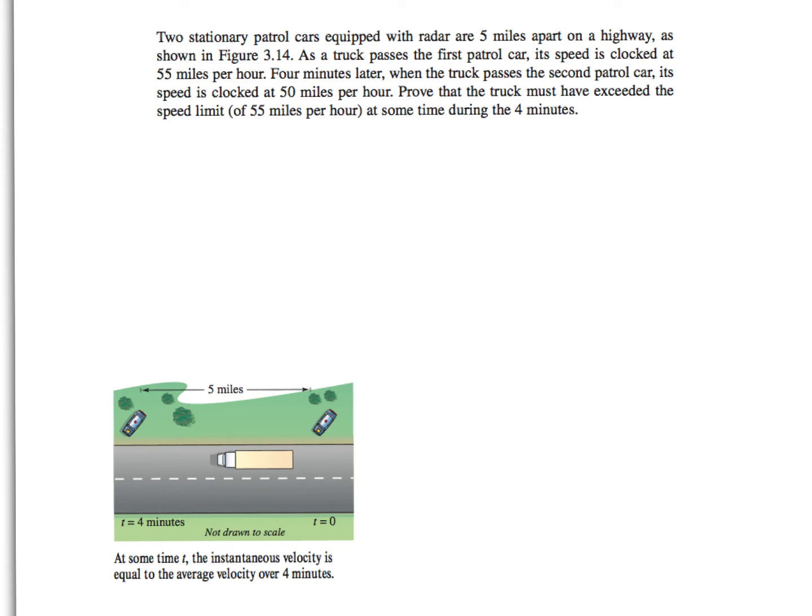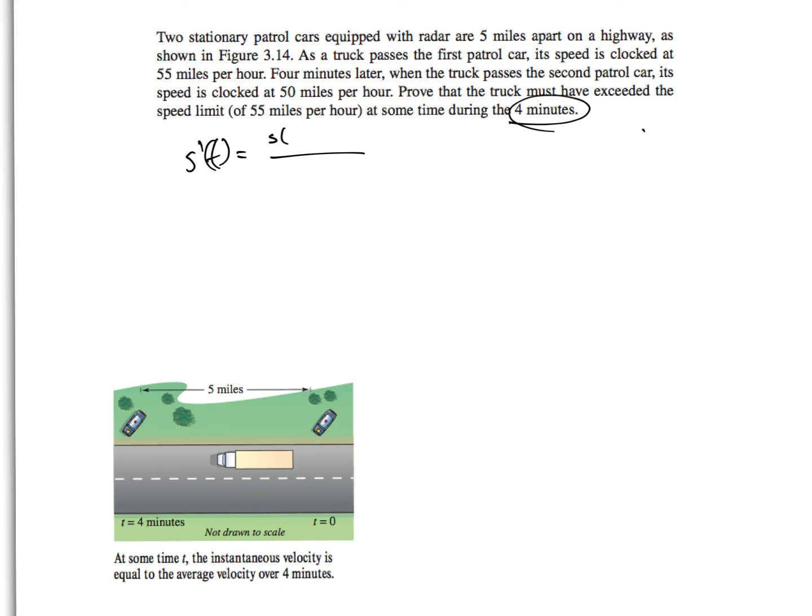So what they could do is find the average rate of change. So S prime of t is really what the radar gun is doing, and that's equal to S of something minus S of the other thing over the time difference. It's in 4 minutes. Now, we don't clock them in minutes, so I want to convert that to hours.